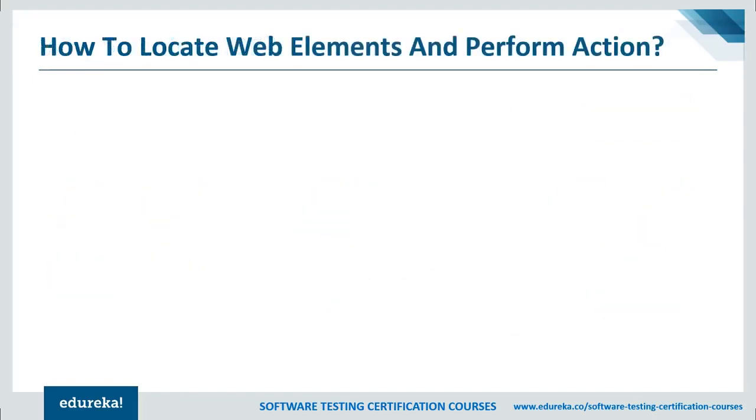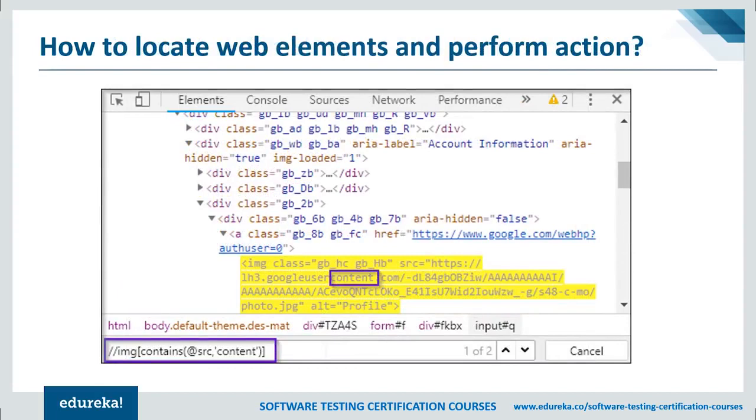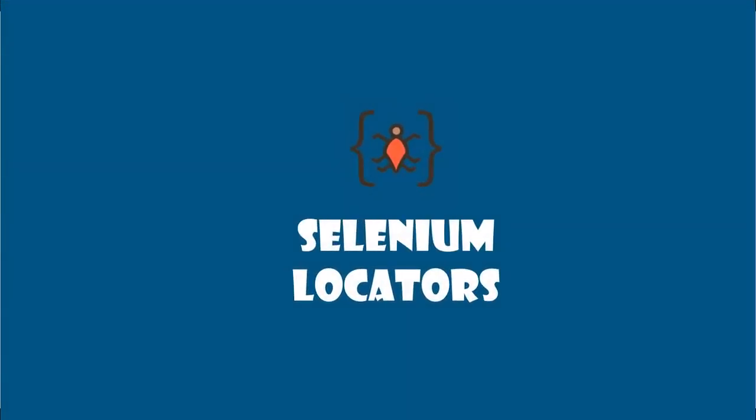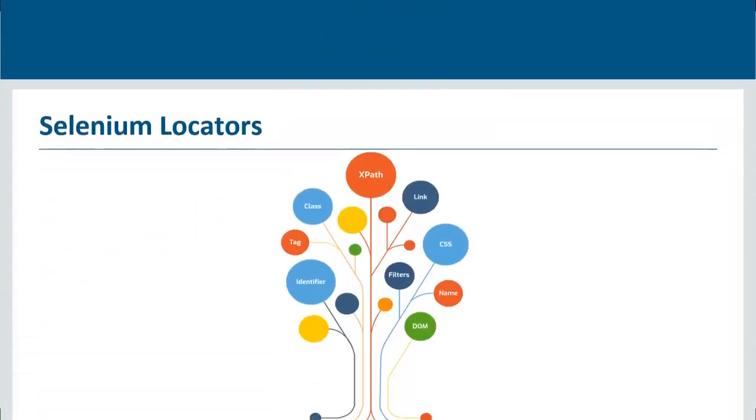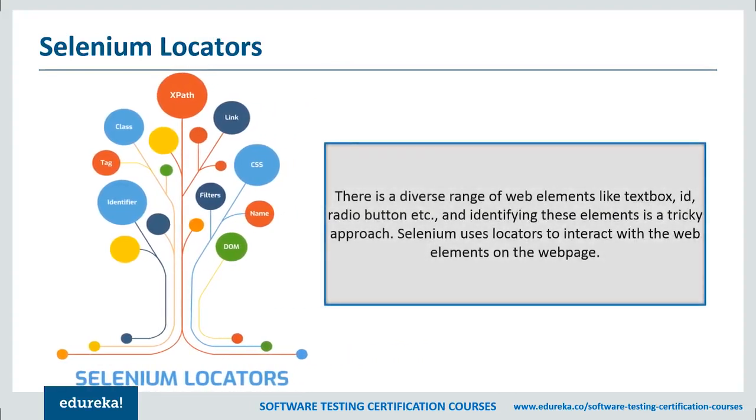So how do we locate web elements and perform actions? This is nothing but your web page where you have inspected the element and you're trying to locate a particular element on the web page. So how is that done? I'll tell you how. That is with the help of Selenium locators. So what is a locator? A locator can be termed as an address that identifies a web element uniquely within the web page.